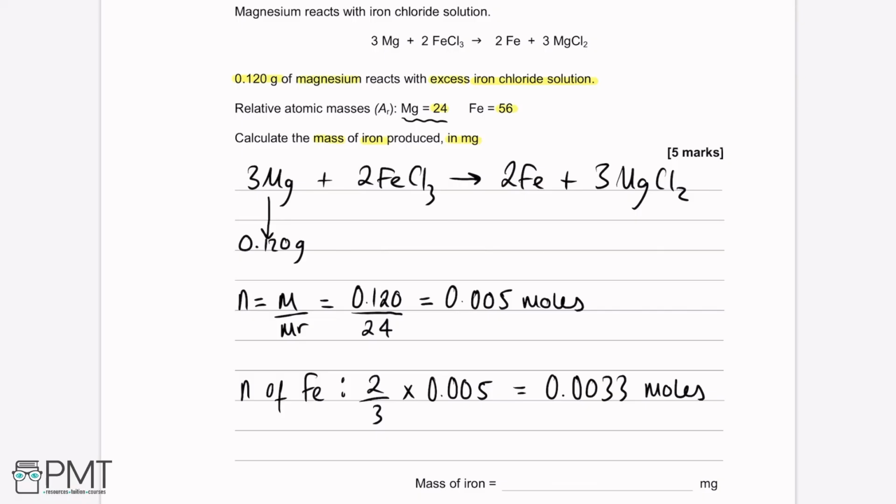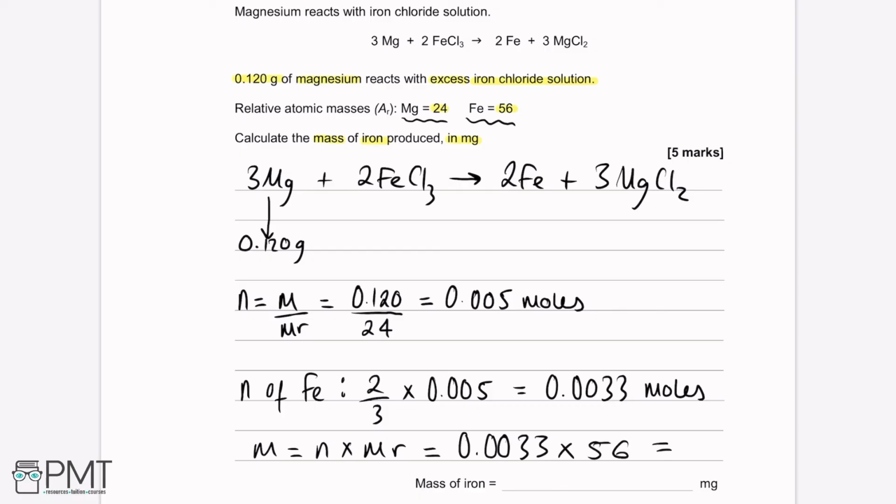Now, for this question, we want to calculate the mass of iron. So we need to use this equation, moles is mass over Mr, but rearrange to say that the mass is the moles times the Mr. So the moles is 0.0033 times the Mr for iron, which is 56.